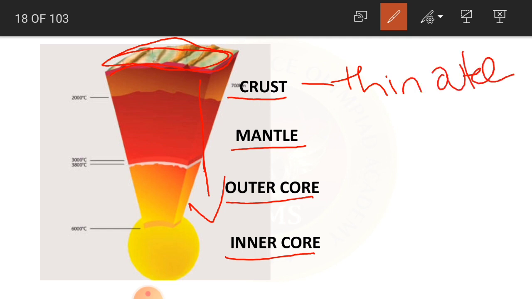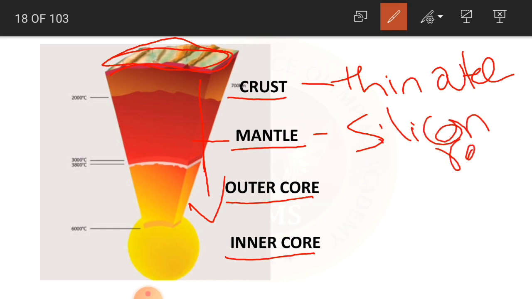See, for example, you might have seen the vegetable onion. It is with layers. Same like that, even our earth is with layers. So the first layer is called the crust, and the second layer, the mantle, is made up of silicon rocks.